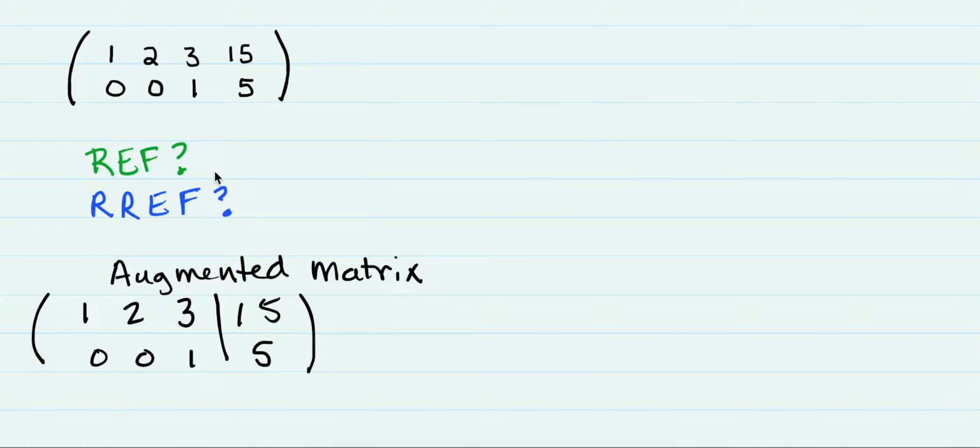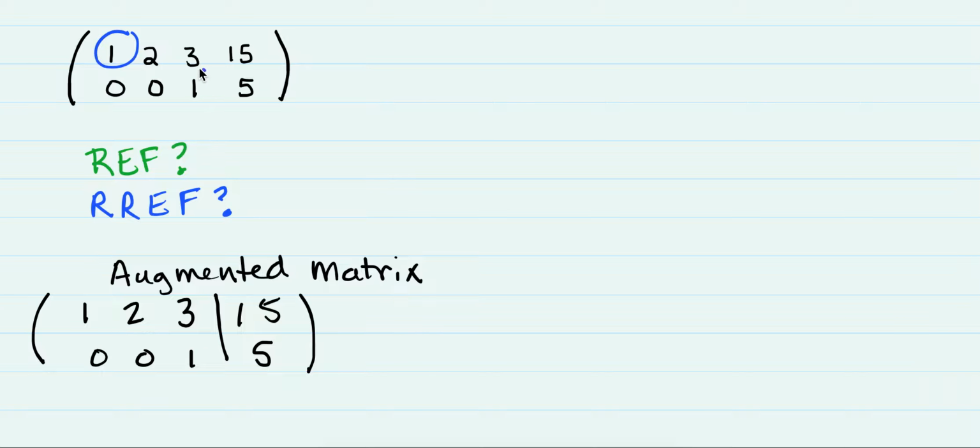So let's start off with row echelon form. Remember, for a matrix to be in row echelon form, all rows of zeros have to be at the bottom of the matrix, which there are no rows of zeros here, so we passed that test. The first non-zero entry in each row that's non-zero, the first non-zero entry is a 1, and that works.